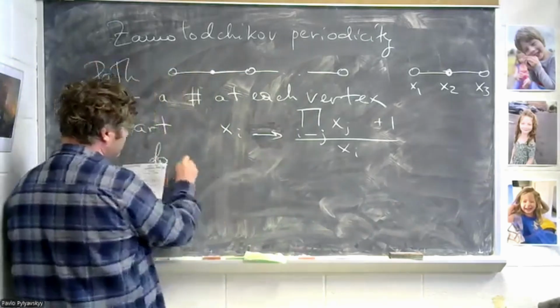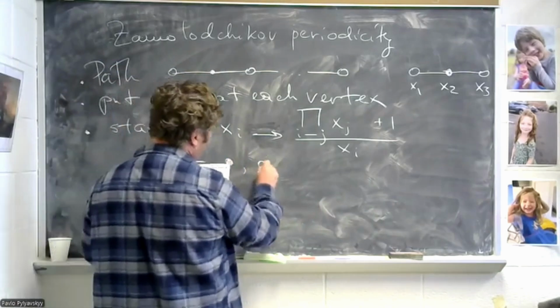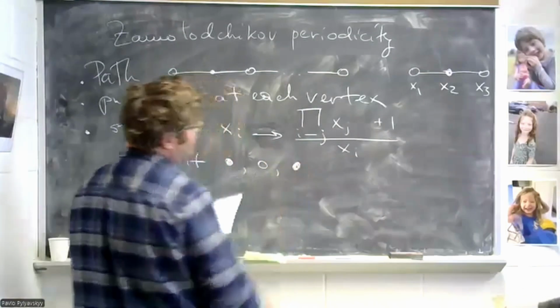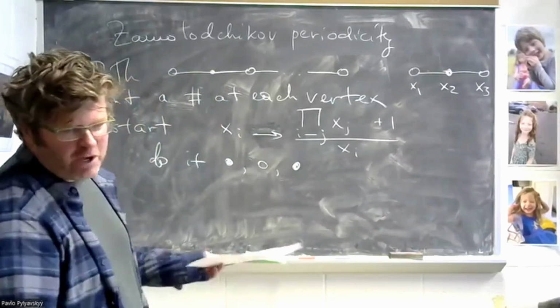And do it first for all black vertices, then all white vertices, then for all black vertices, etc. So this will be our dynamics.